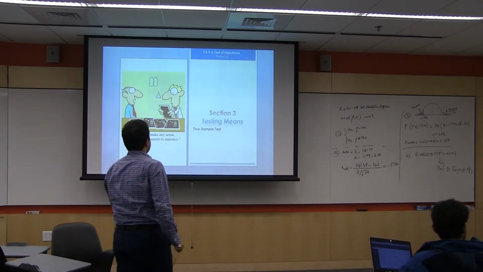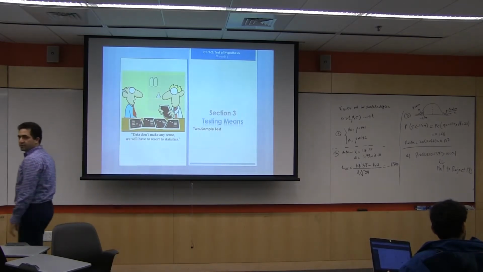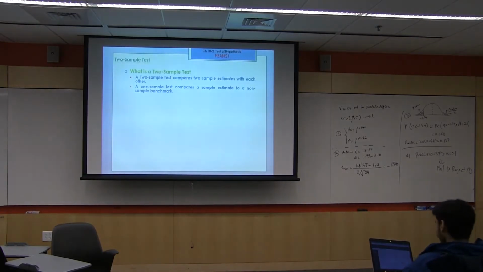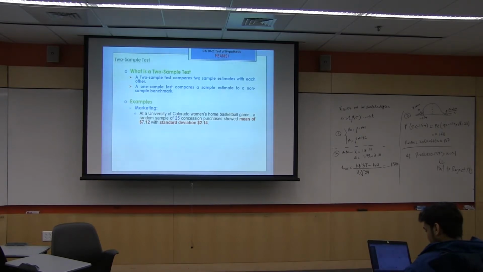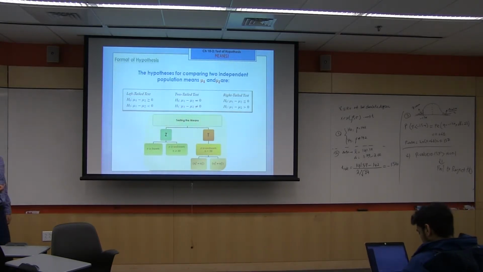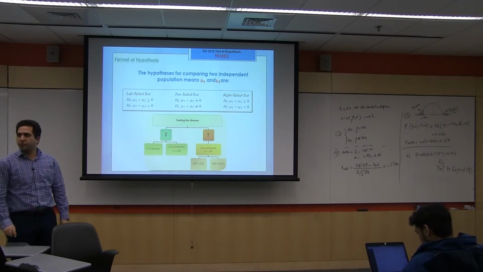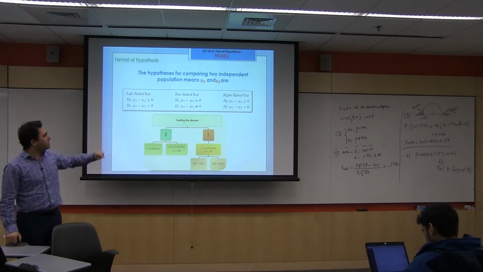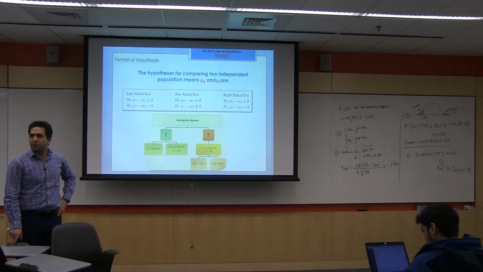Okay, folks. So I want to talk about the two sample test. We have two populations, and we are comparing two means together, to see which one has a larger or lower mean, or we might also compare the difference of means. For a two-tailed test, we have mu1 minus mu2 equal or not equal to 0, because we're testing differences.